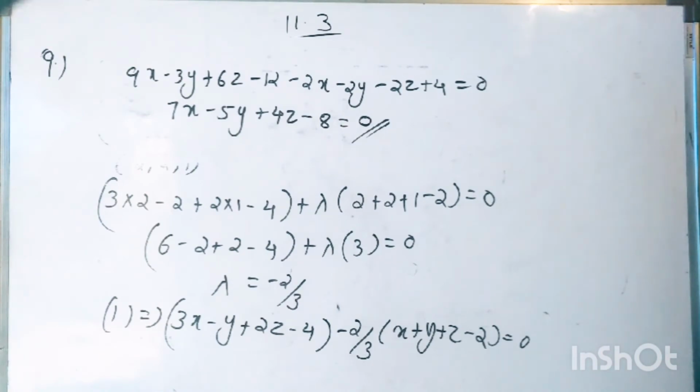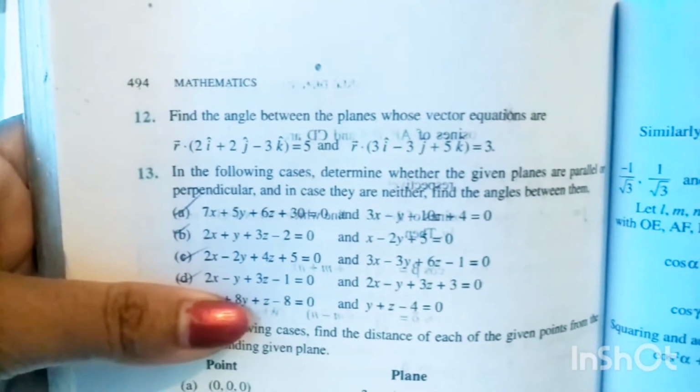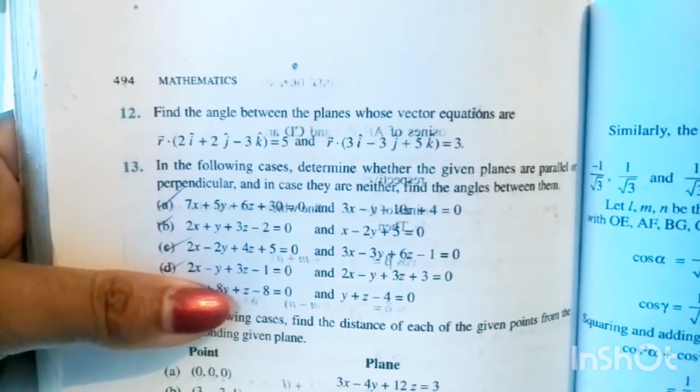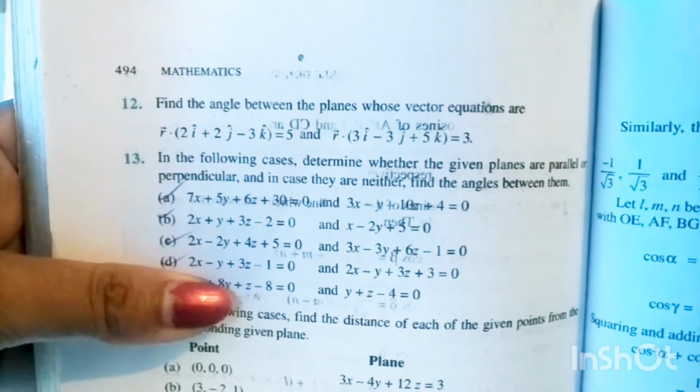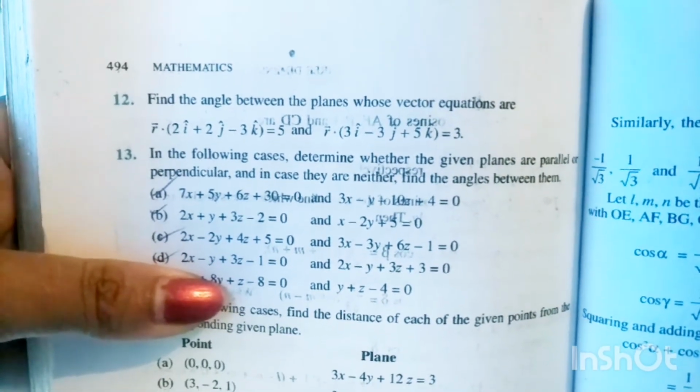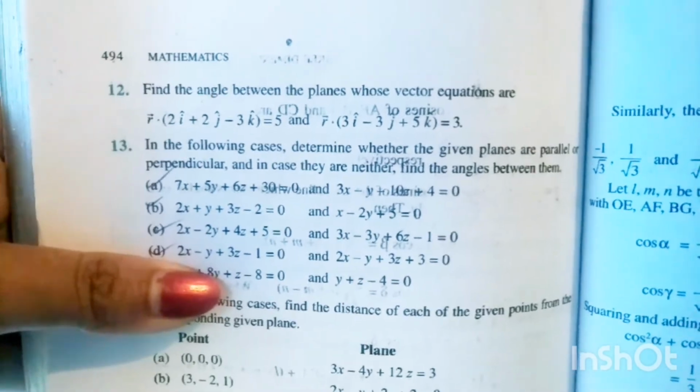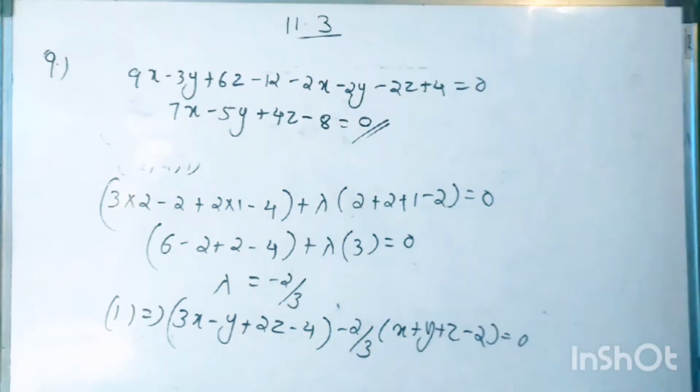12th question. Find the angle between the planes whose vector equations are r vector dot 2i plus 2j minus 3k is equal to 5 and r vector dot 3i minus 3j plus 5k is equal to 3.